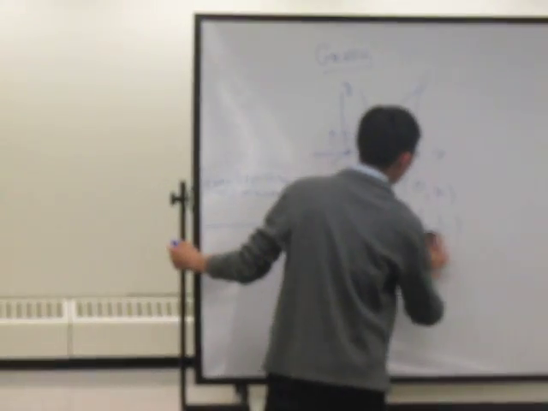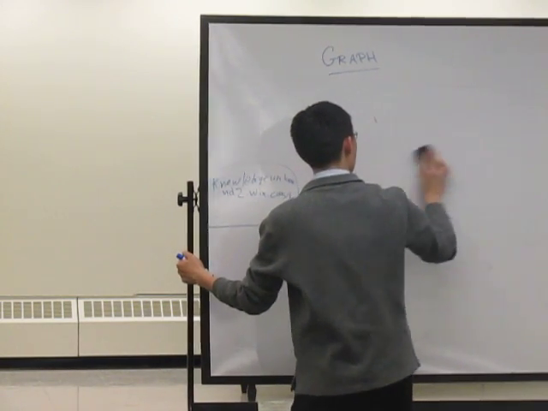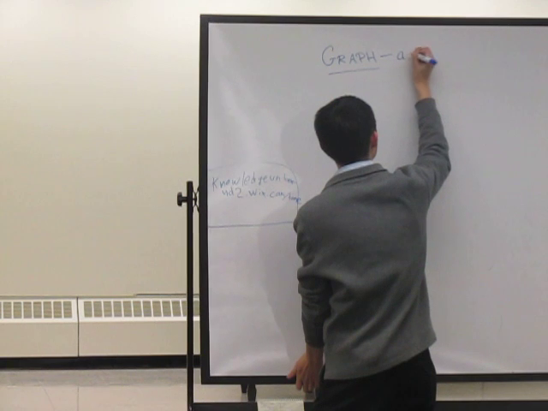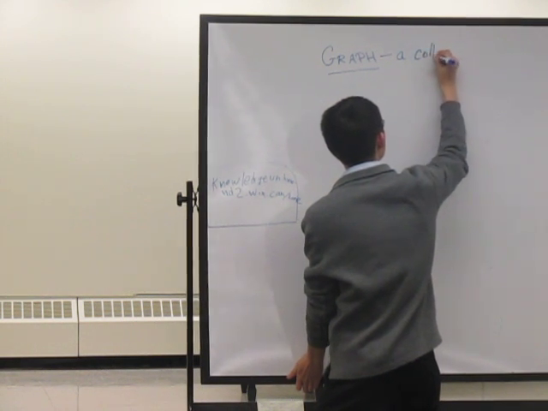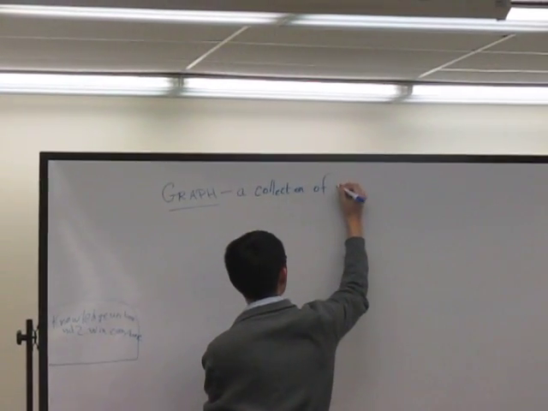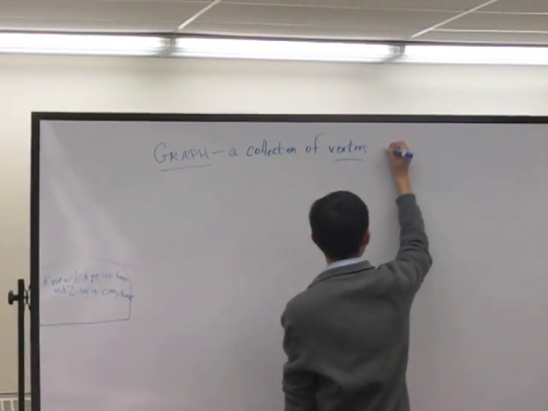And so what a graph is in the discrete sense of the word, it's a collection of what we call vertices, and edges.